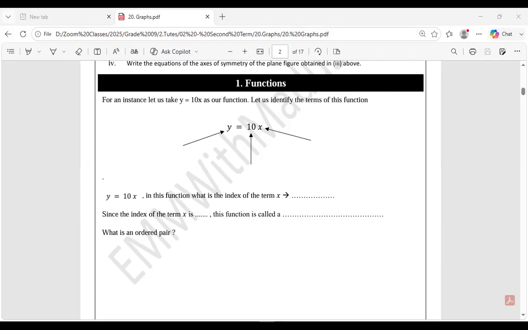Hope you have done this lesson in your school, right? Isn't it? That's it.